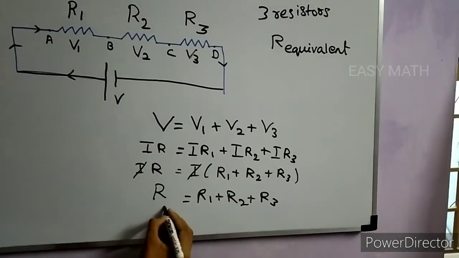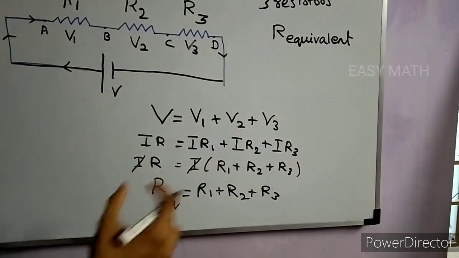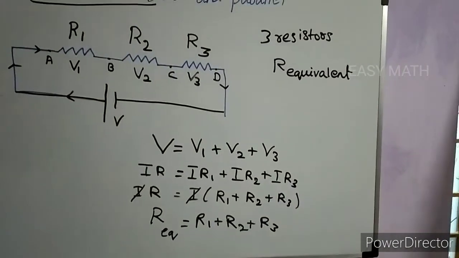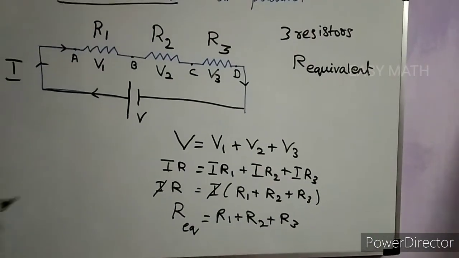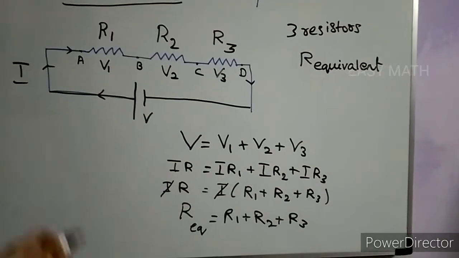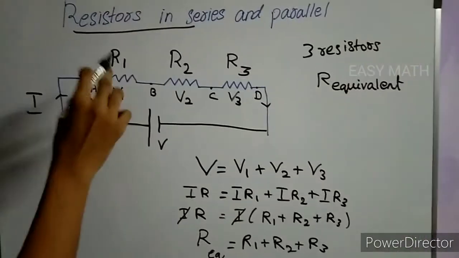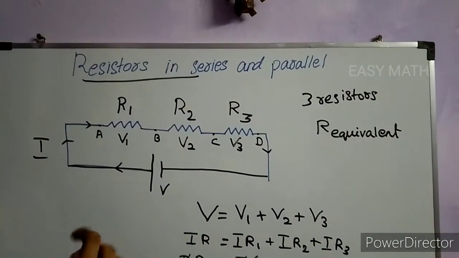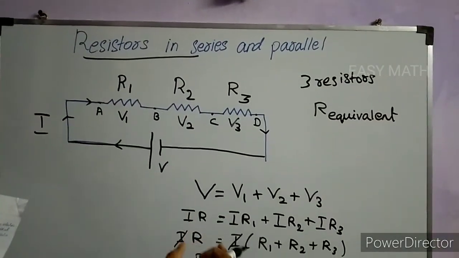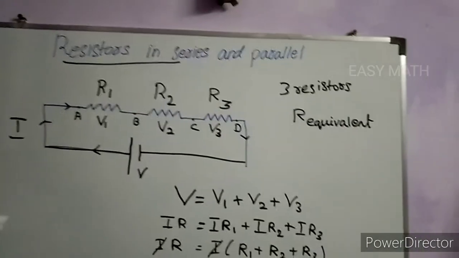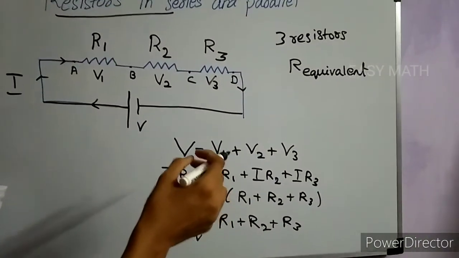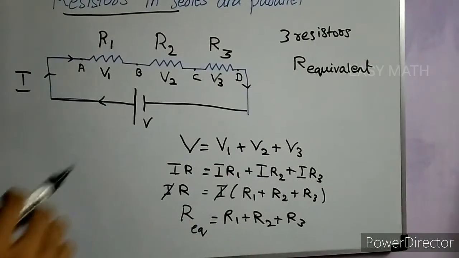This R is known as equivalent resistance, with which we can replace the three resistors by a single equivalent resistance. Characteristics of resistors in series: current flow through each resistor is the same. Total potential drop is equal to the sum of potential drops across each resistor. And R equivalent is equal to the sum of resistors in series.